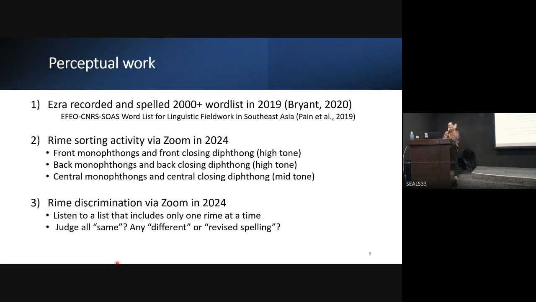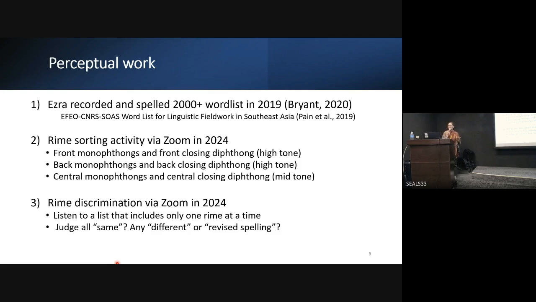I put a lot of audio icons on a PowerPoint slide and just had 4 boxes, and he was separating into groups. So every word that ended with a particular vowel, he would try to find the distinctions. There were 3 participants in that activity, Ezra and 2 other gentlemen.